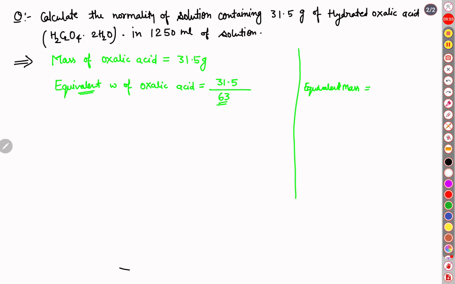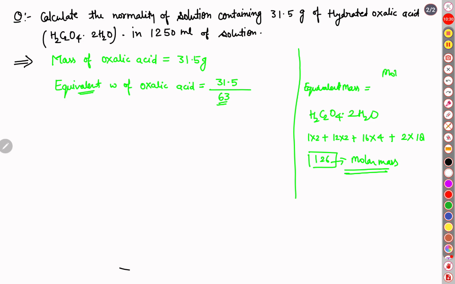Firstly we will find out the molar mass of H2C2O4·2H2O. Okay, now H2: 1 into 2 plus 12 into 2 plus 16 into 4 plus 2 into H2O 18. Okay, we will get 126. This is the molar mass. Equivalent mass is equal to molar mass by basicity.